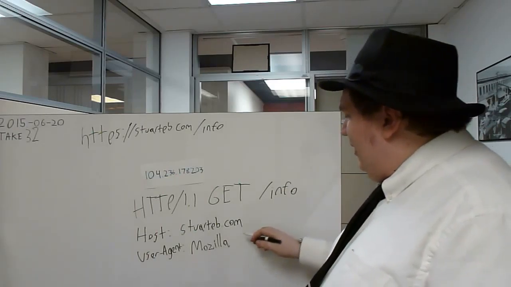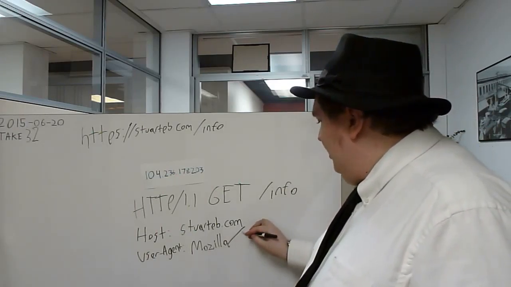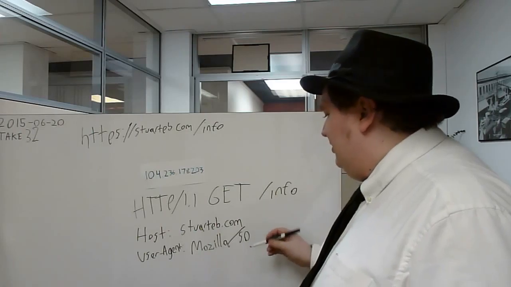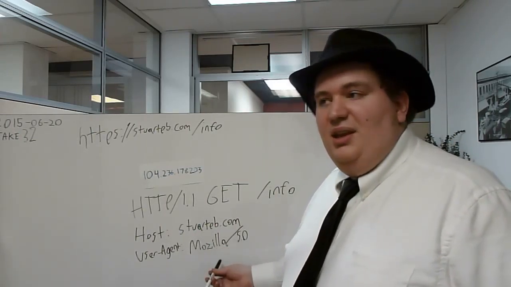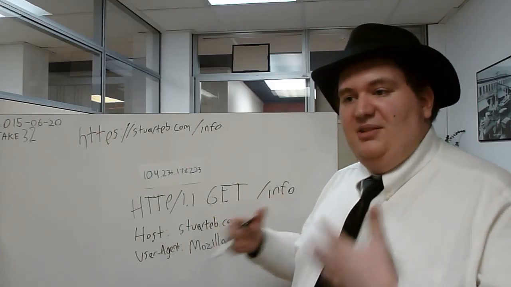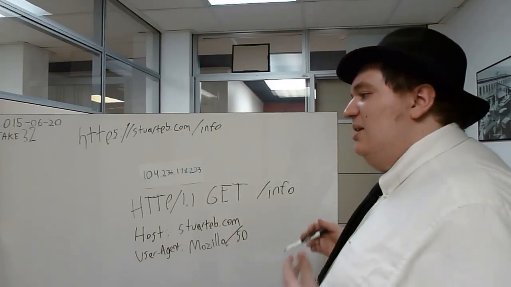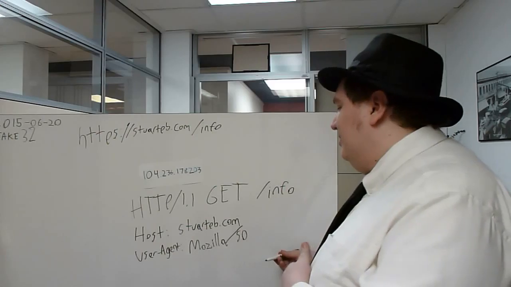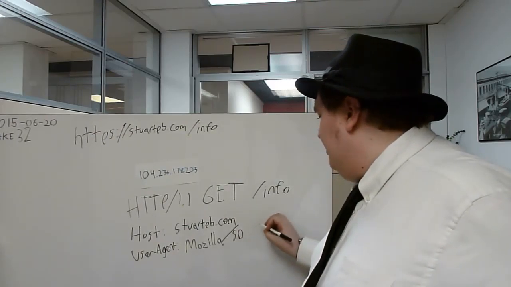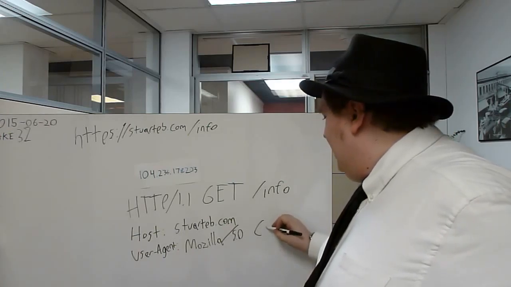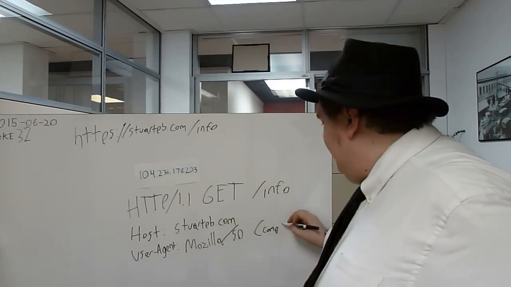And then /5.0, because Mozilla was the user agent Netscape used. When Netscape added a bunch of new features to the web, Internet Explorer wanted to be compatible, so they used Netscape's user agent, and then they put at the end compatible, and then MSIE.